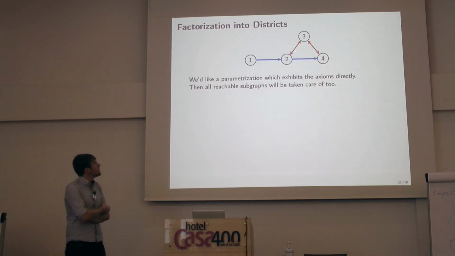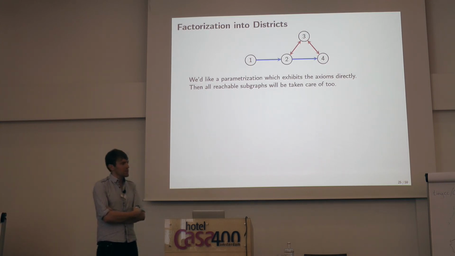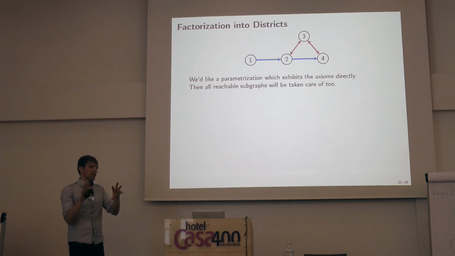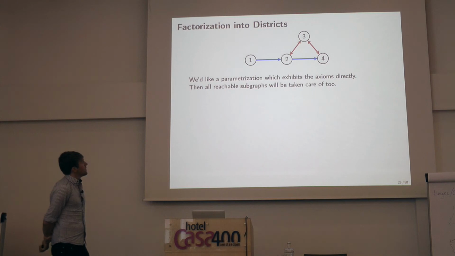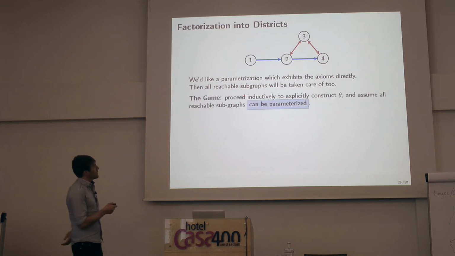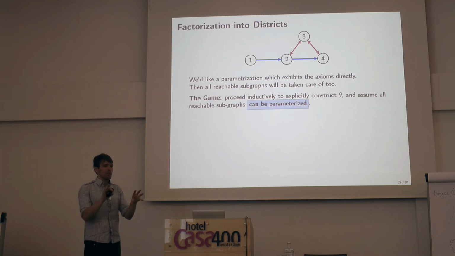So the idea is going to be, and the reason we define these axioms in the first place is that we use the axioms directly to try and come up with a parameterization which obeys them. So the game we're going to play now is to proceed inductively to construct our map, and we're going to assume that given a particular graph, all the subgraphs, all the reachable subgraphs, have already been parameterized, so we know how to do them.